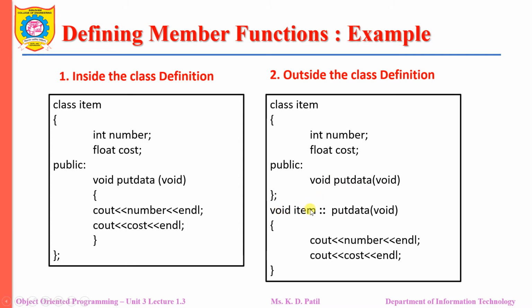After that, item is the name of my class, so I have written item here to indicate that putdata belongs to the class item. And after that, the scope resolution operator is available, which indicates the scope of that function. And then putdata is the name of my function. Okay, and if you observe, the definition is the same.